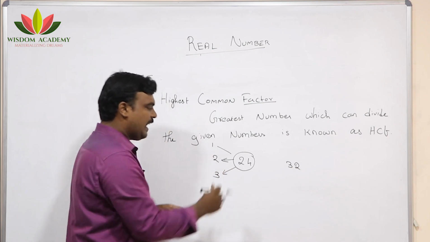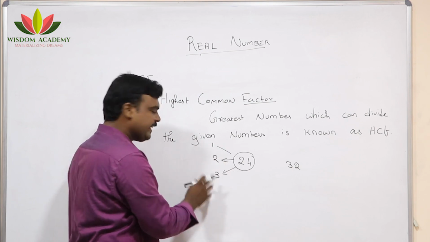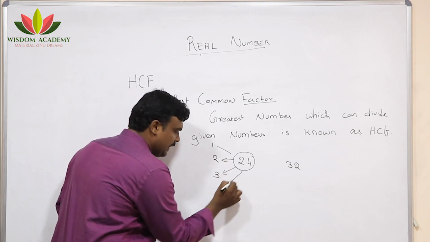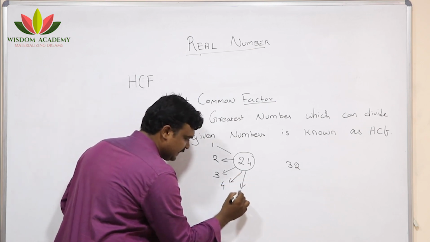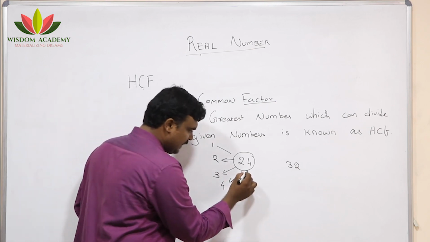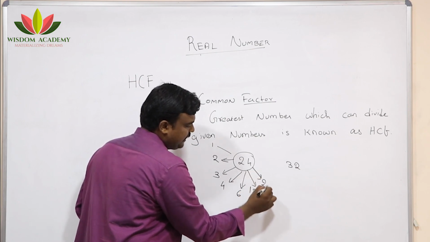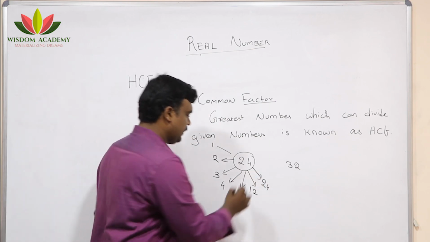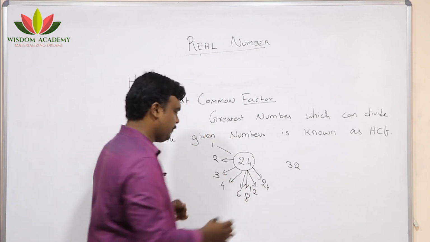Then 3, the addition of the digits 2 plus 4 is 6, so definitely it will be divided by 3. And the other factors are 4, 6, then 12, then 24 itself. Okay, one more factor we missed, which is 8. In the 8 tables, 8 threes are 24.